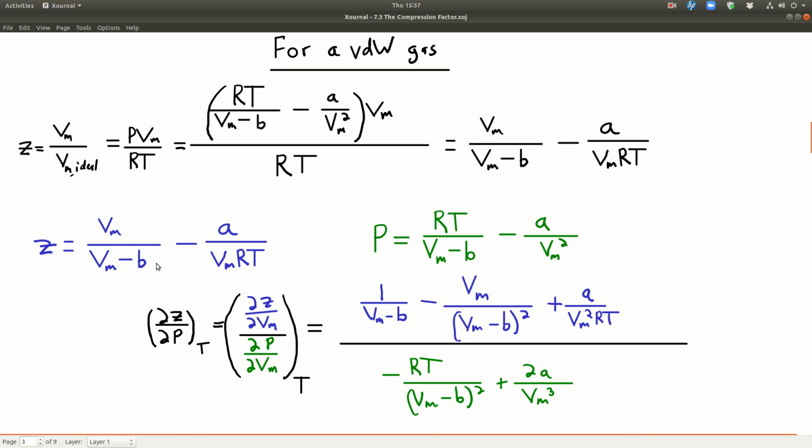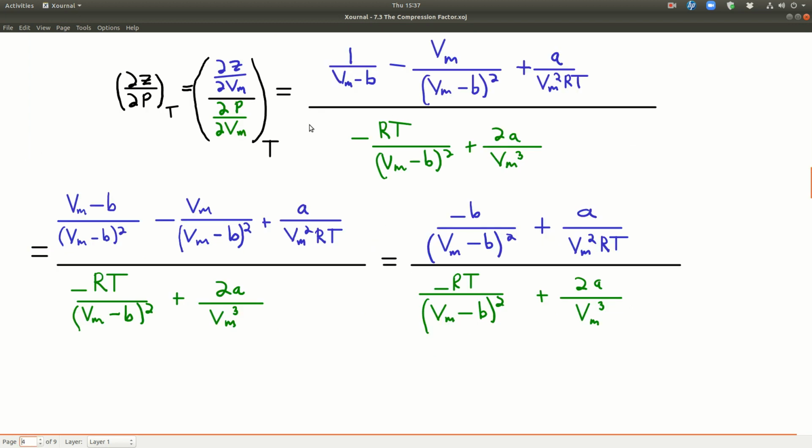This is just basically the chain rule, and substitution too. Likewise, partial P with respect to molar volume gives us this term down here. That is equivalent to partial Z, partial P, constant T. So this is what we got up here.